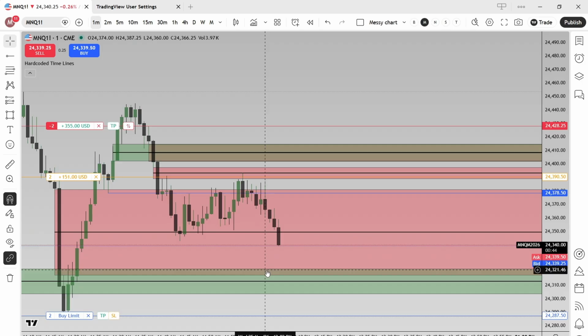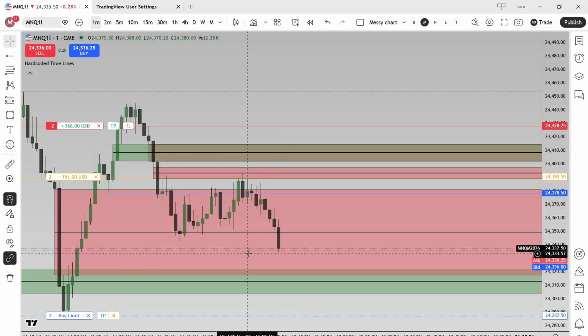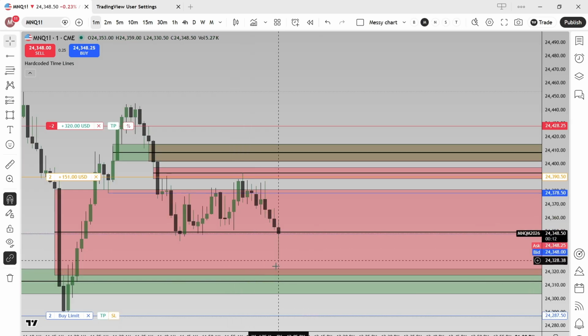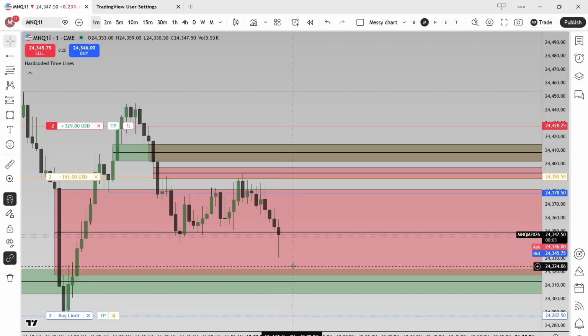I want to see it get real heavy. Just like that. But I don't want to see it leave a low like that, because it's going to return to that low, sweep liquidity, and then it's going to run higher, because that's just what the afternoon session does.